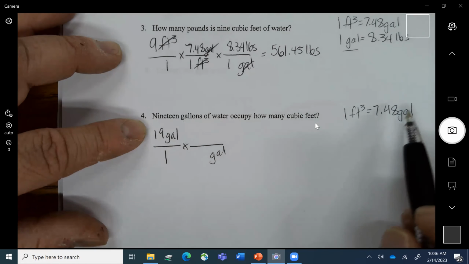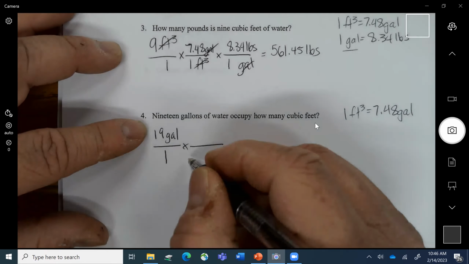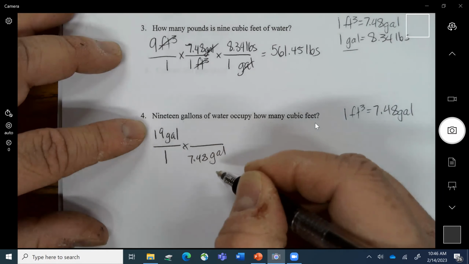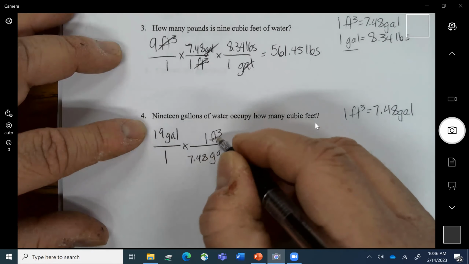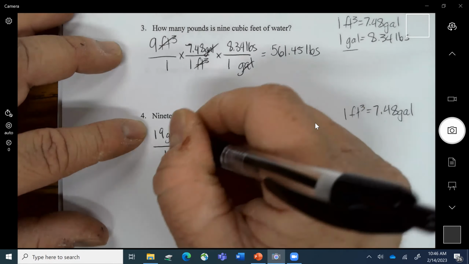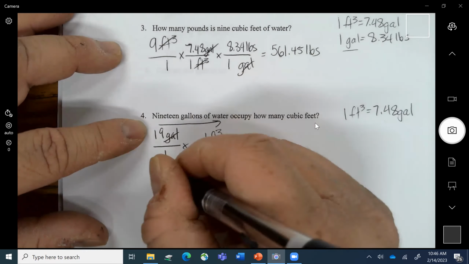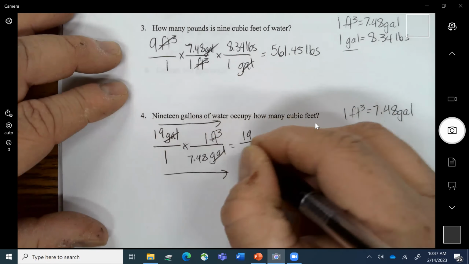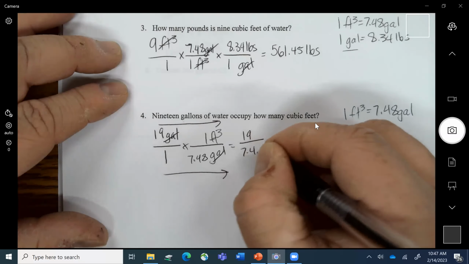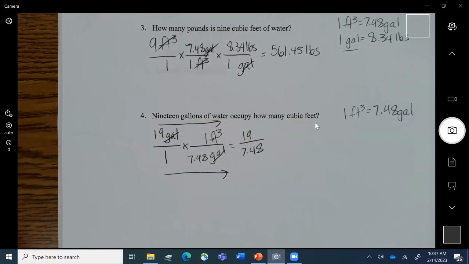According to my conversion factor, it's going to be 7.48 gallons equals 1 cubic foot. Cancel, cancel. So I'm going to have 19 times 1, and then 1 times 7.48. And I do believe it's 2.56, but I'm going to do it just to make sure.